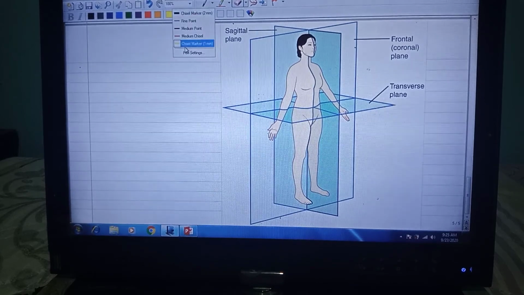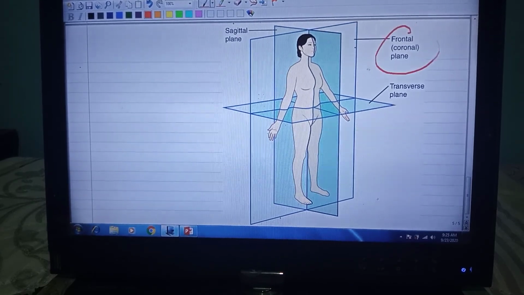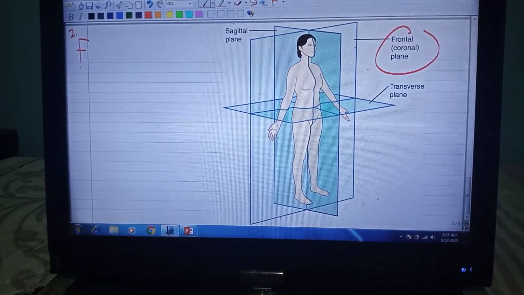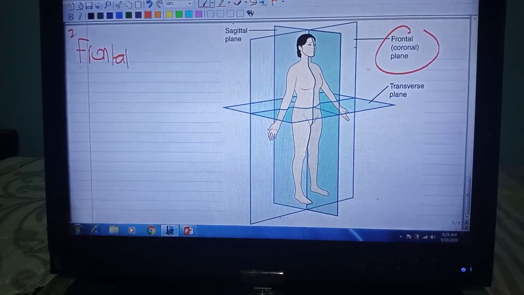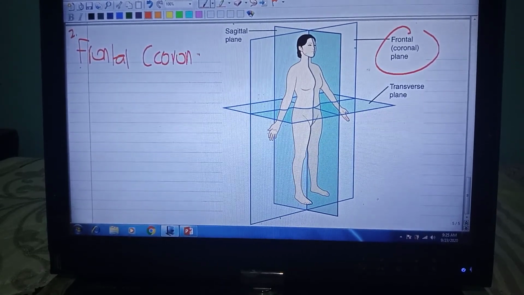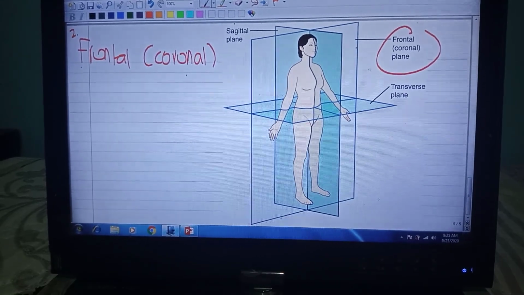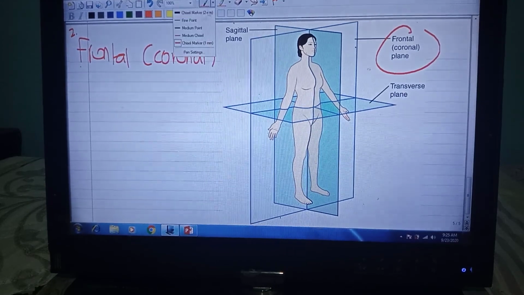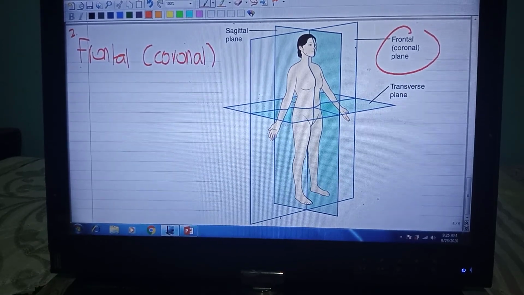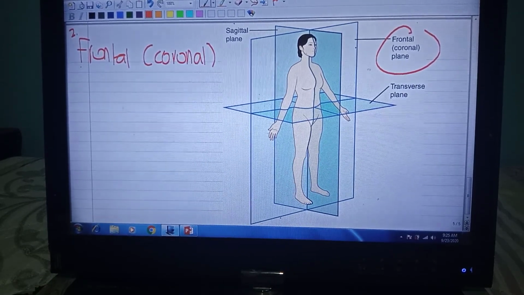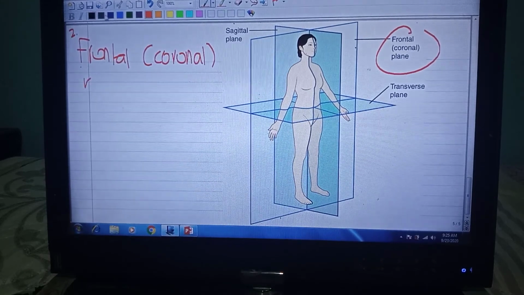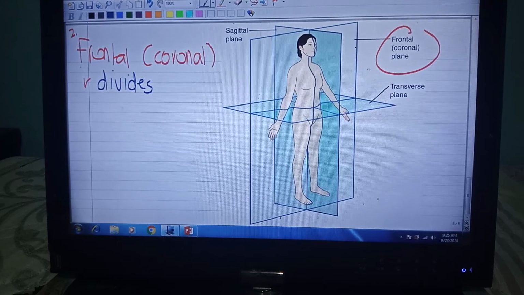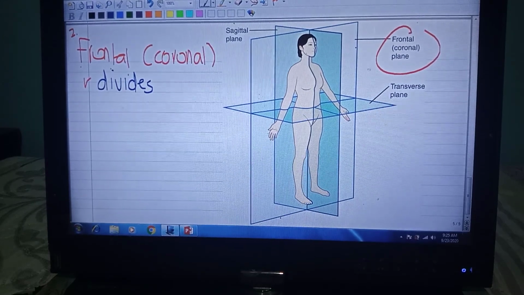Okay, we have your another plane, frontal. Number 2, we have your frontal, or sometimes called your coronal. Ang frontal naman class, kung dinidivide niya yung katawan mo ng left and right, sagittal. Kung mismo sa gitna, mid-sagittal. Pero pag hindi eksakto sa gitna, para-sagittal.